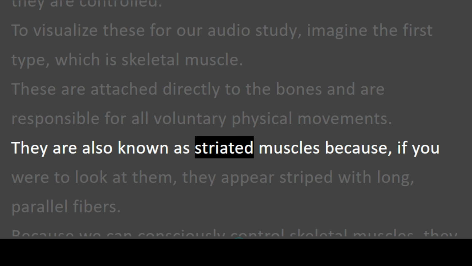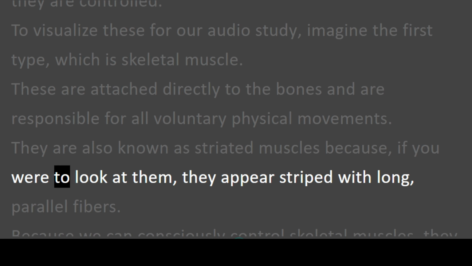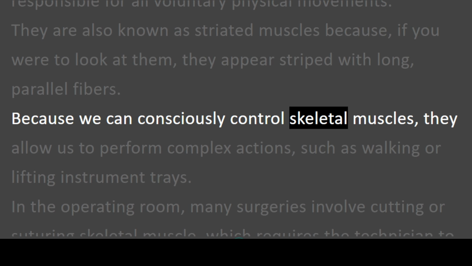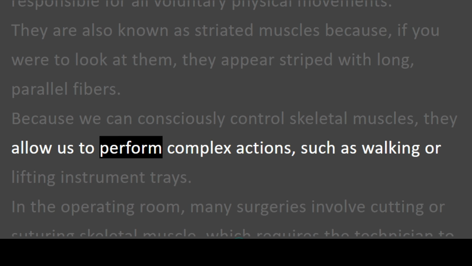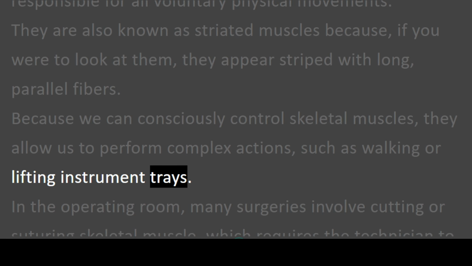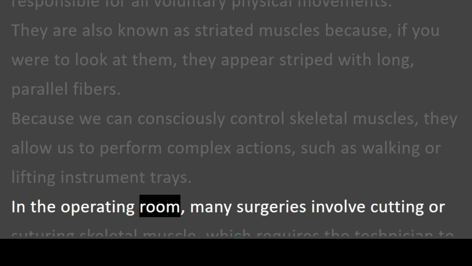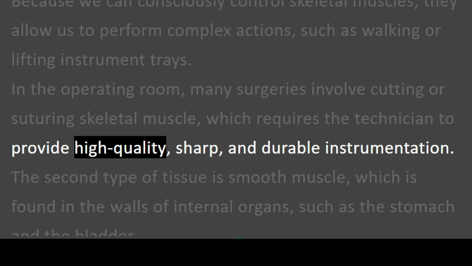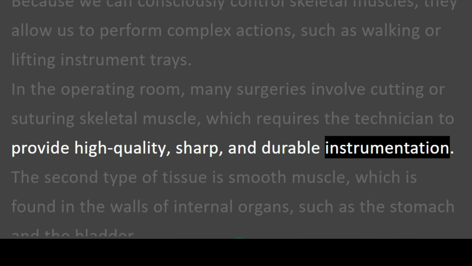They are also known as striated muscles because, if you were to look at them, they appear striped with long, parallel fibers. Because we can consciously control skeletal muscles, they allow us to perform complex actions, such as walking or lifting instrument trays. In the operating room, many surgeries involve cutting or suturing skeletal muscle, which requires the technician to provide high-quality, sharp, and durable instrumentation.